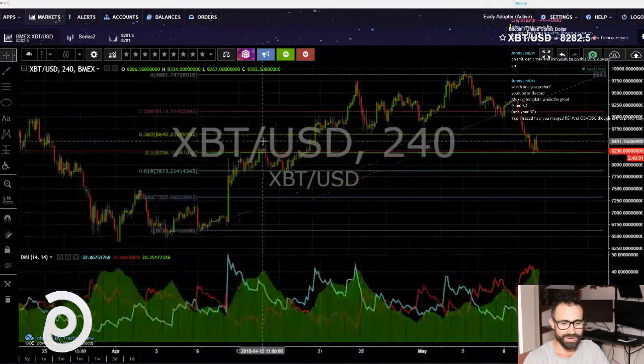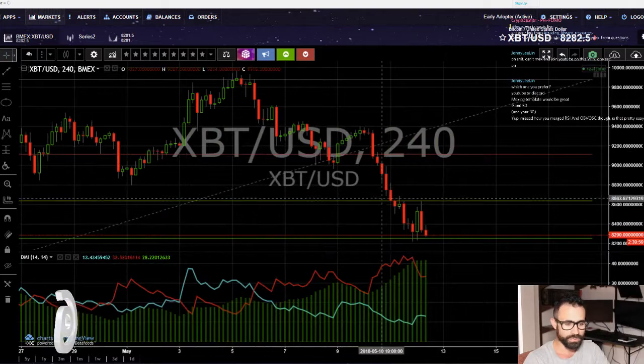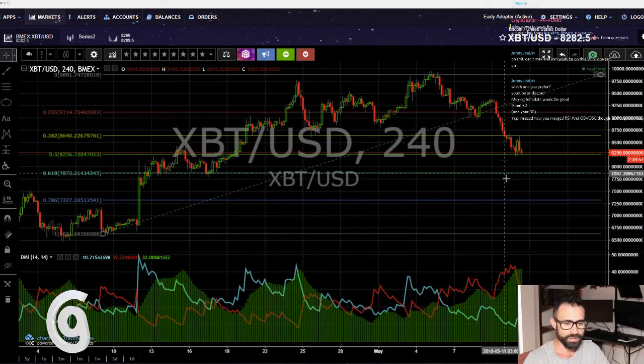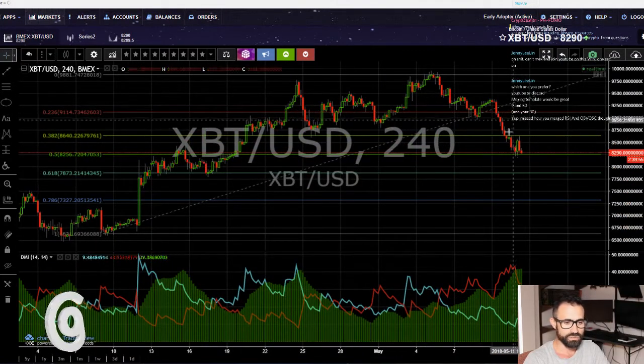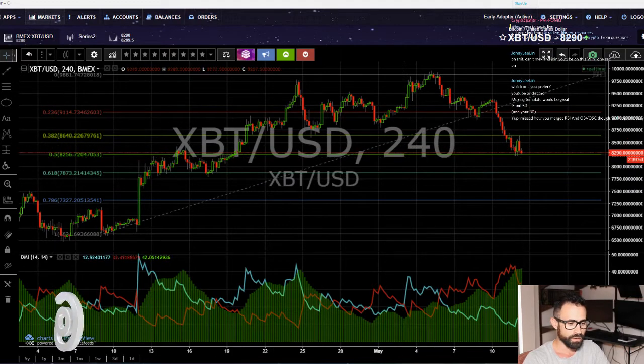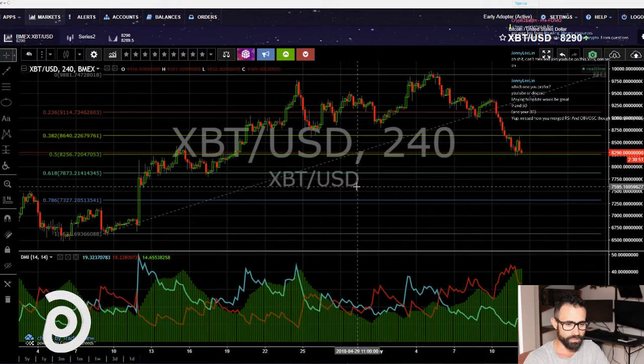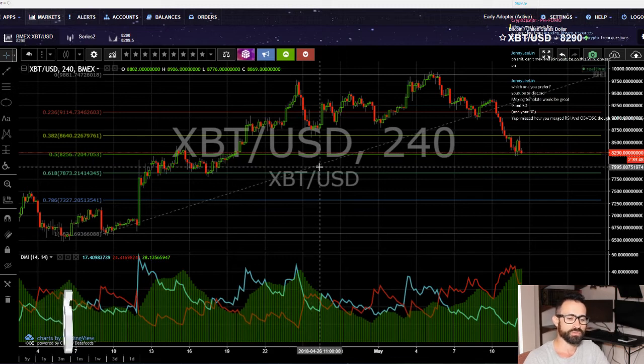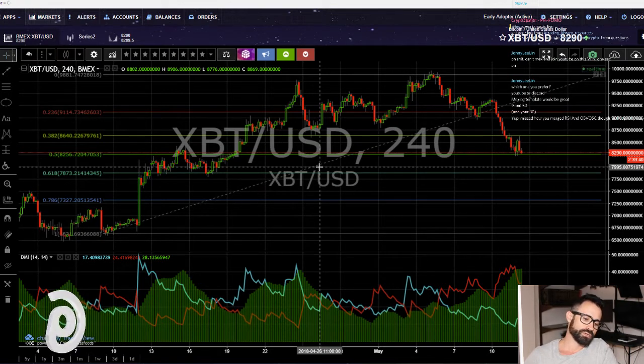One can always add a fib to measure the pullback and measure the price action and see what is really happening here. Back to building strategies. Fibonacci retracement is, I think, one of the key factors, and anybody that ignores fibs when trading is bound to get wrecked at some point.